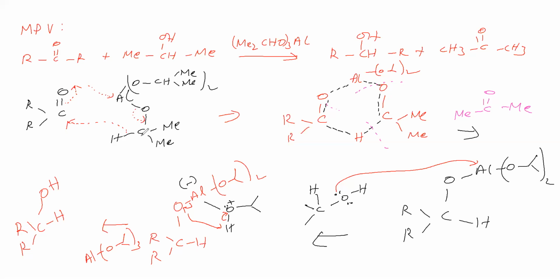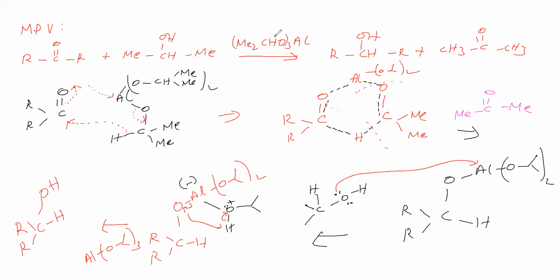In the isopropoxide, this CH, this hydrogen goes to the carbonyl group carbon. So this carbonyl group carbon gets hydrogen from the catalyst, that isopropoxide. This CH is giving hydrogen.